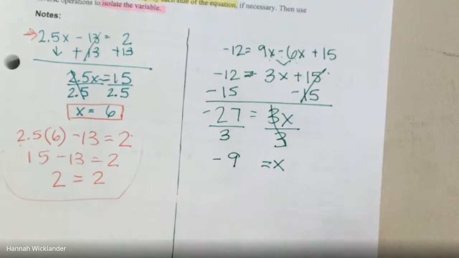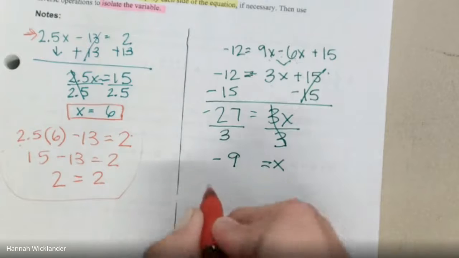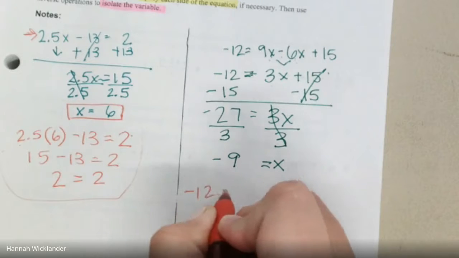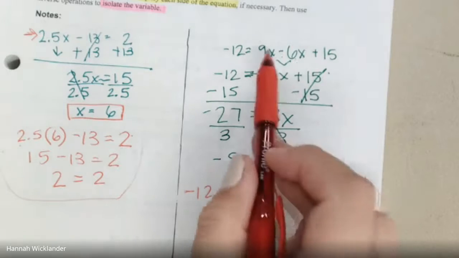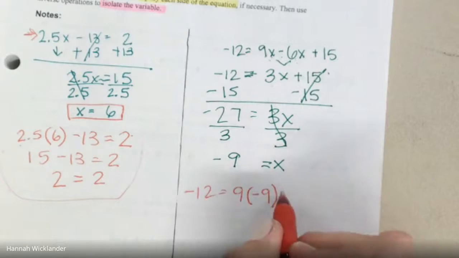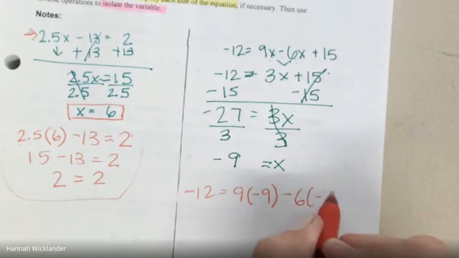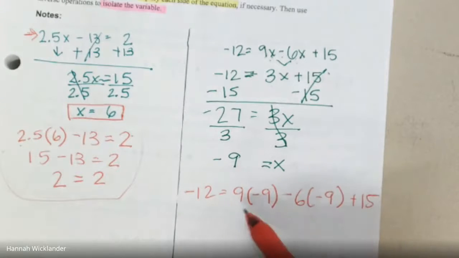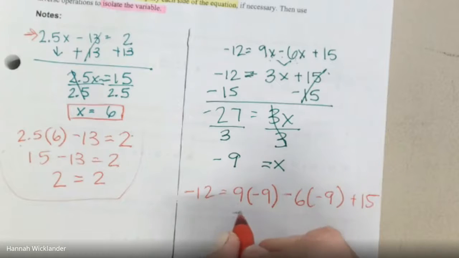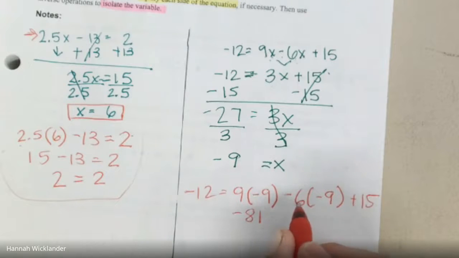And then I'm going to check my solution. Negative 12 equals 9x. Wherever I see x in my first equation, I'm going to put in the negative 9. So 9 times negative 9 gives me negative 81. 6 times 9 is 54. It's positive, and positive 15.